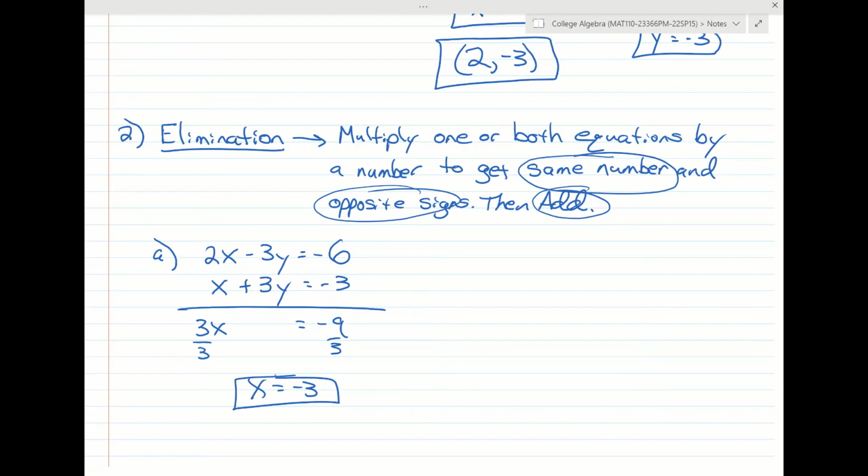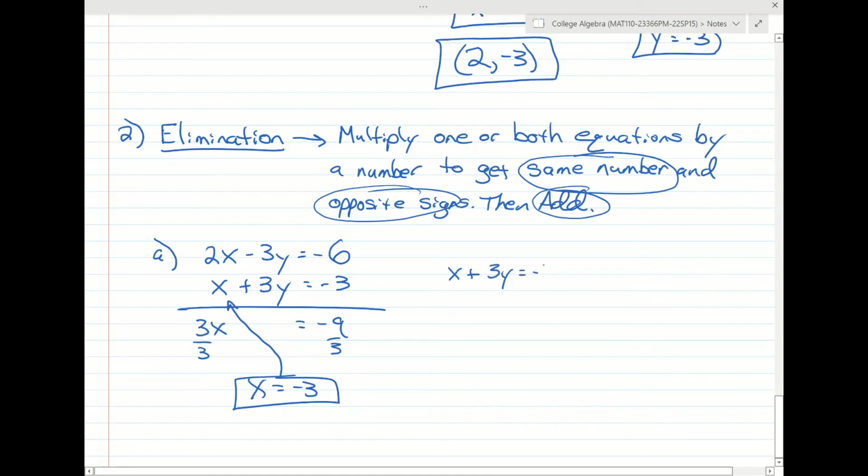If x is equal to -3, we could just plug that into one of the originals. So instead of x plus 3y is equal to -3, x would be (-3), which we always use parentheses when we plug in.